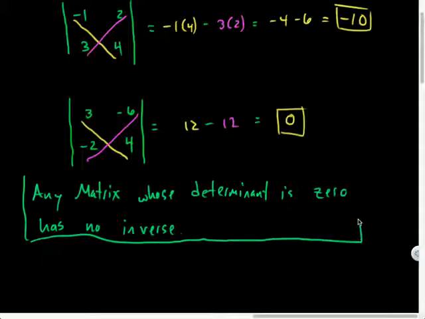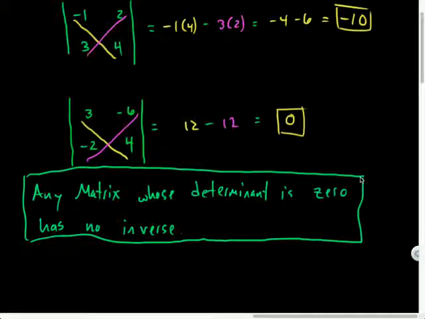So in our case, determinants will allow us to do a little bit of an initial check to see if an inverse even exists for some of these matrices. Okay? Although the number, even when I get -10, that's still actually going to be valuable information to us because it'll be used in the calculation of the inverse matrix.